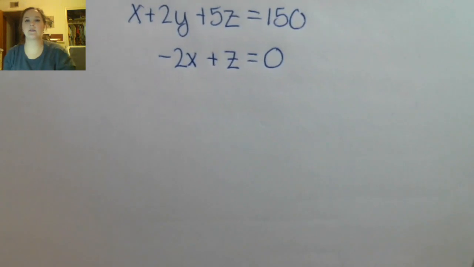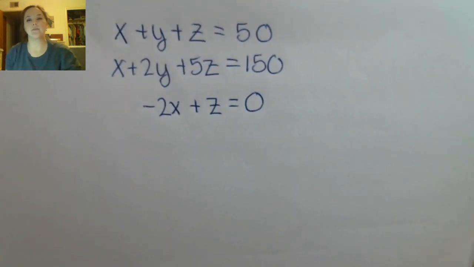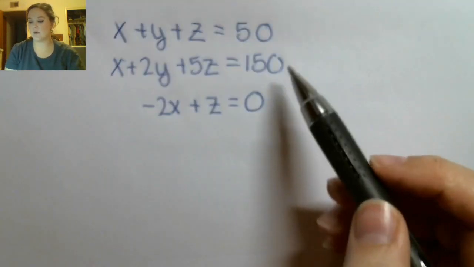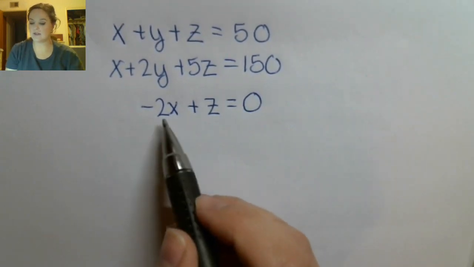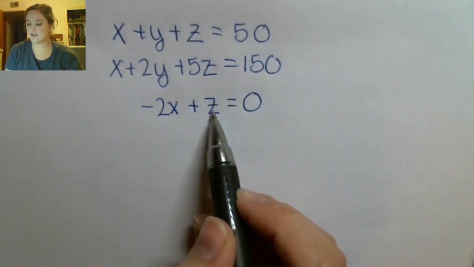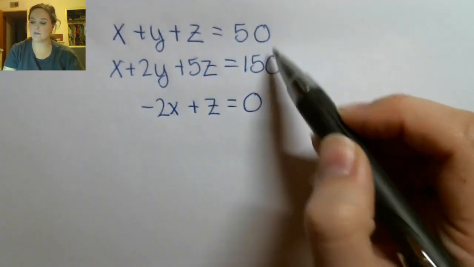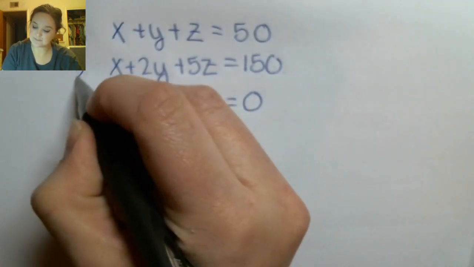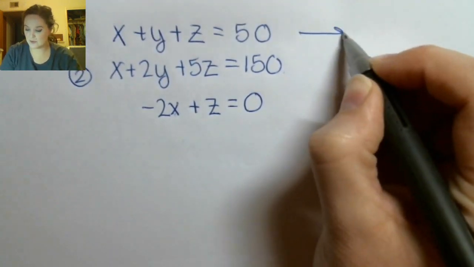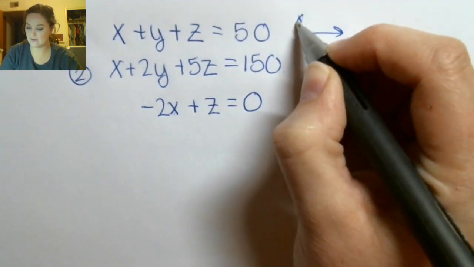The last equation I've rewritten so that it's in standard form the same as these two, with all the variables on the left and the numerical value on the right. Now this last equation only has x and z. So I'm going to combine equations 1 and 2 to try to eliminate y. So I'm going to multiply this one by -2.